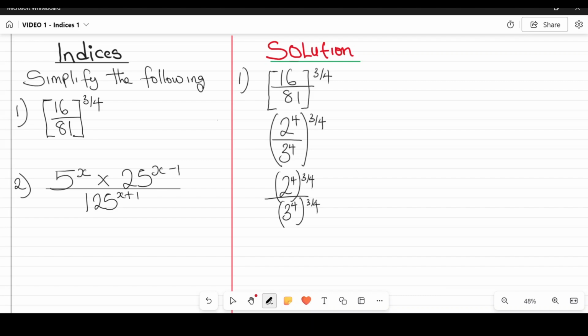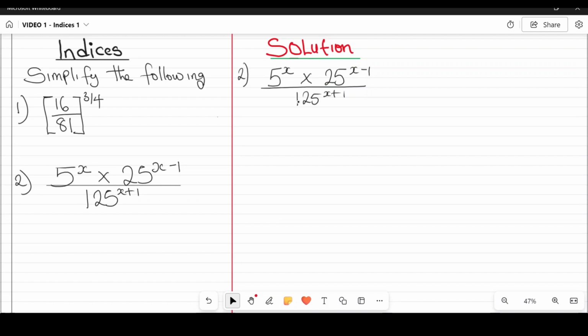So therefore, 4 we cancel out 4, and 4 here we cancel out 4. So we'll be left with 2 raised to the power 3 divided by 3 raised to the power of 3. And 2 raised to the power of 3 is equal to 8, and 3 raised to the power of 3 is equal to 27. This is your answer.